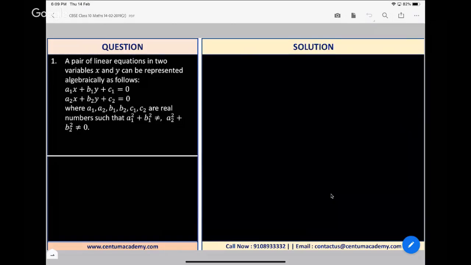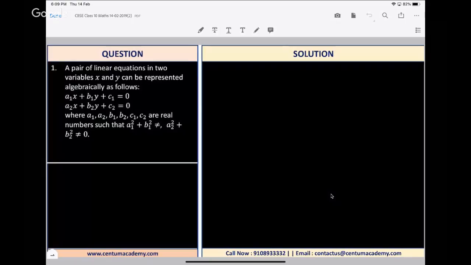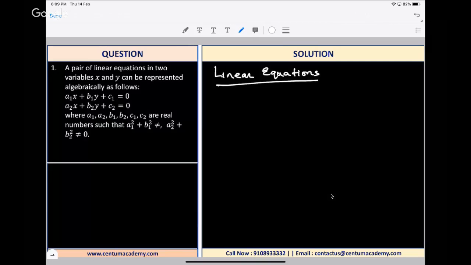Okay, so let's start. We are going to discuss in this session linear equations. So the agenda is to discuss linear equations, especially in two variables.